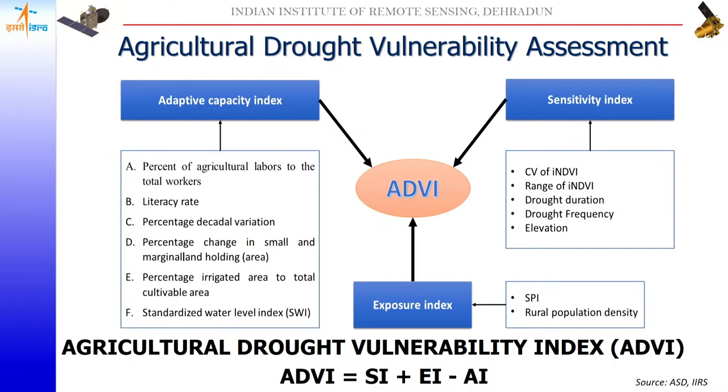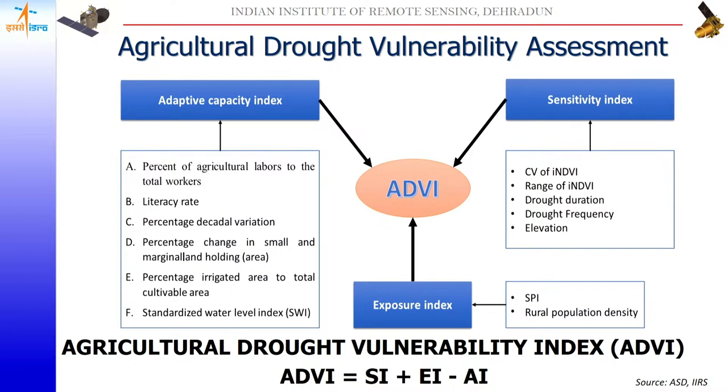Here we compute the agricultural drought vulnerability index, which is an integration of the sensitivity index, exposure index, and adaptive capacity index. In the same study, the ADVI is ultimately integrated from SI, EI, and AI. So what are the sensitivity index parameters in this study?